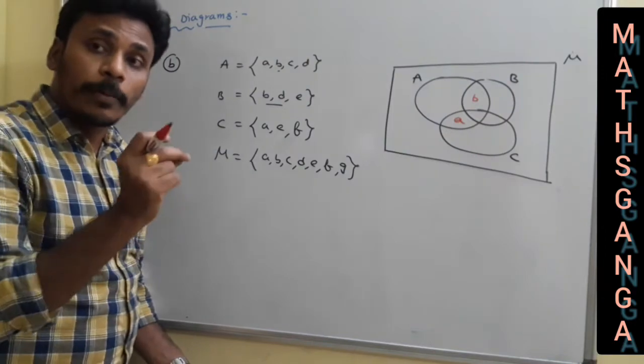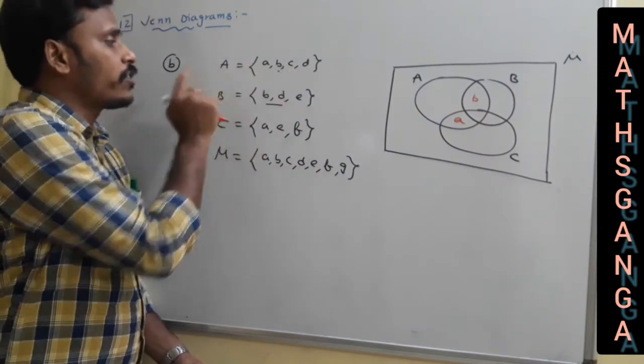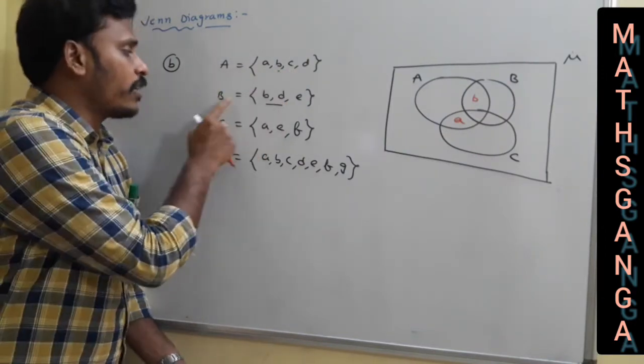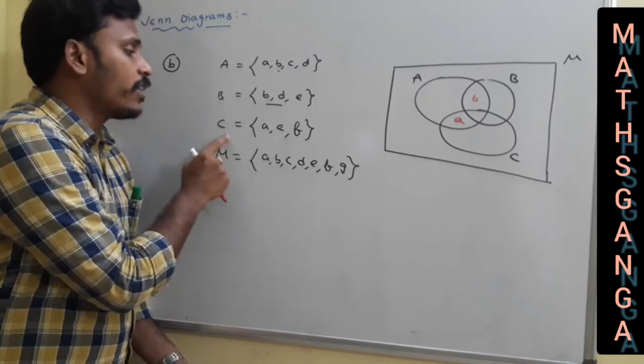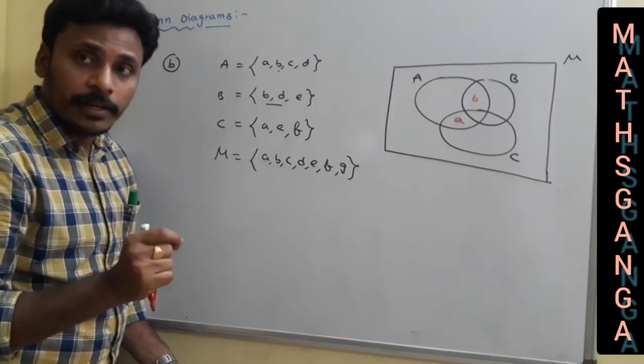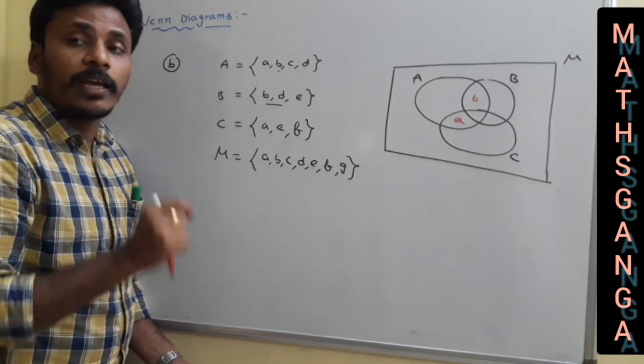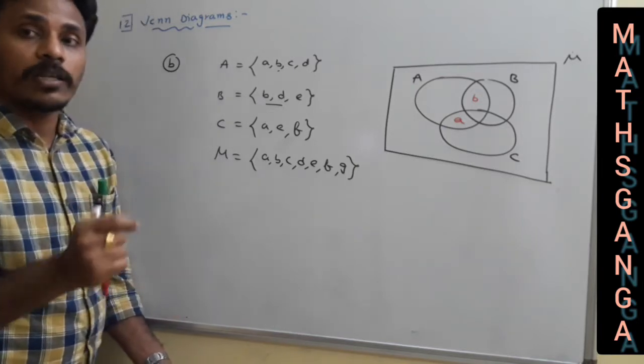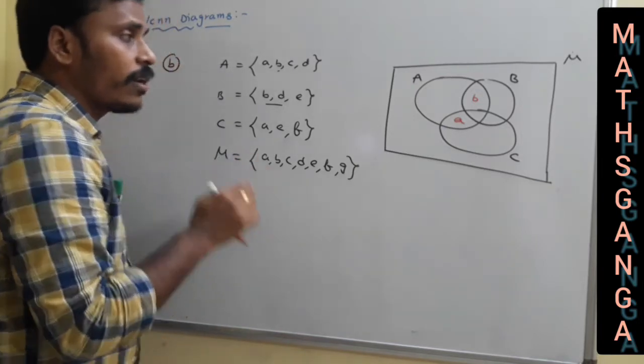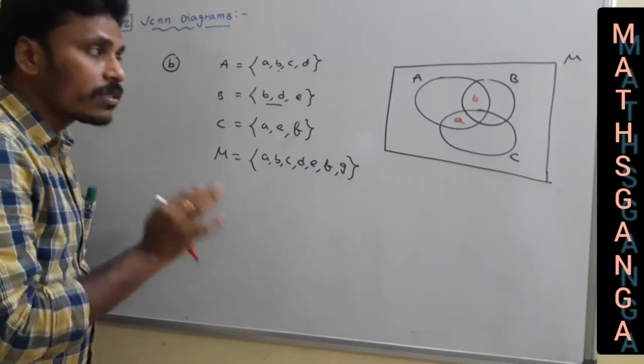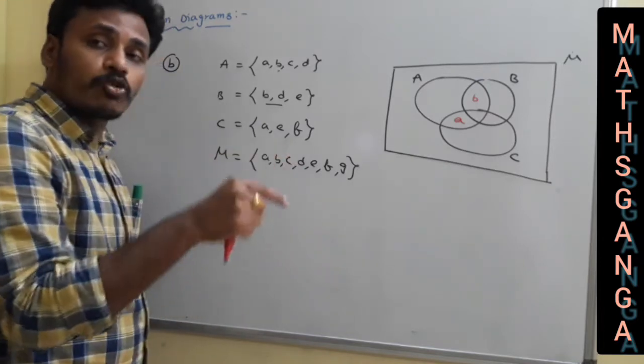Very good. Coming to element C: C is in set A, C is not in set B, C is not in set C. So C is an element which is only in A, but not in B and not in C. Think about the region where B is not involved, C is not involved, but A is involved.